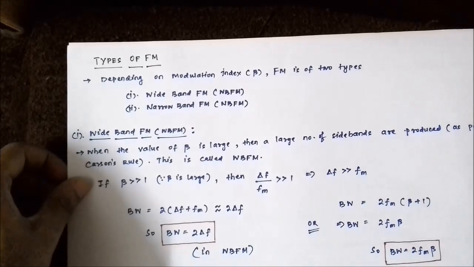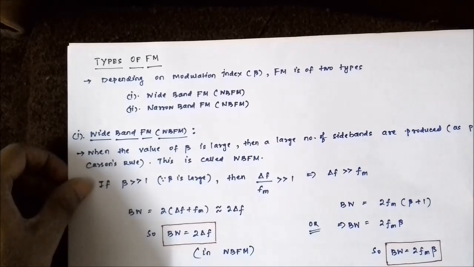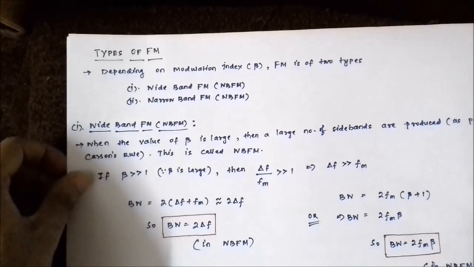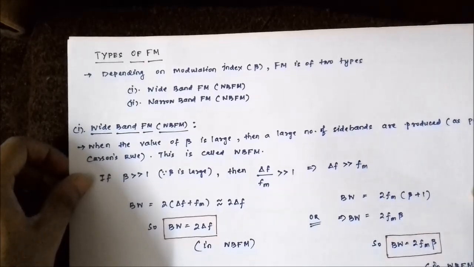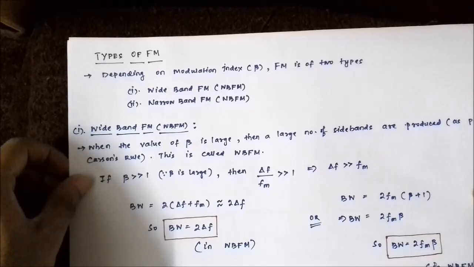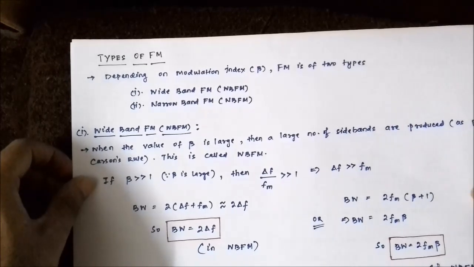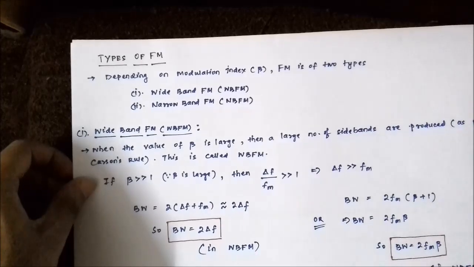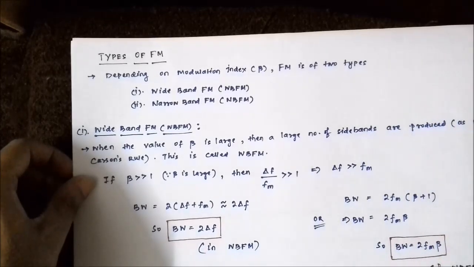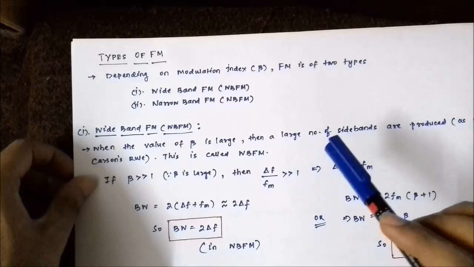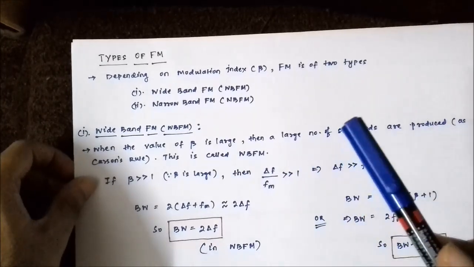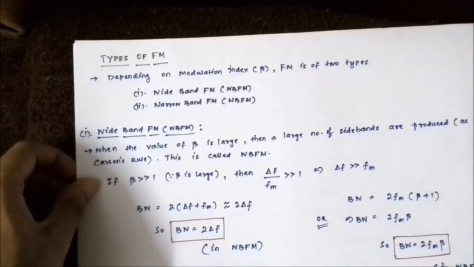It is the ratio between the frequency deviation and the modulation signal frequency. You can check out the video related to modulation index, bandwidth, and frequency deviation on my channel. Depending on modulation index, frequency modulation is of two types: wideband FM or WBFM, and narrowband FM, NBFM.